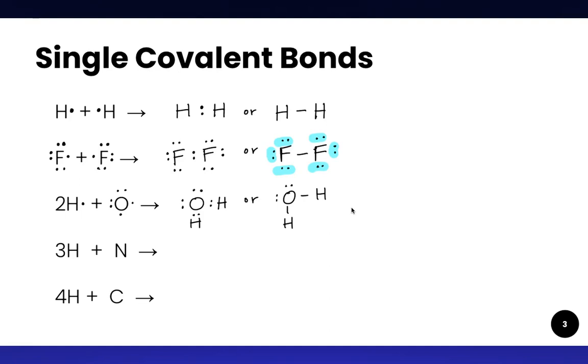Ammonia, or NH3, will be drawn this way. But this is also correct and also faster to draw. And then we have methane.